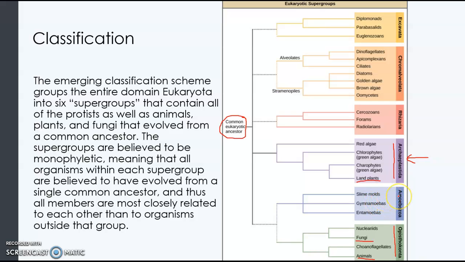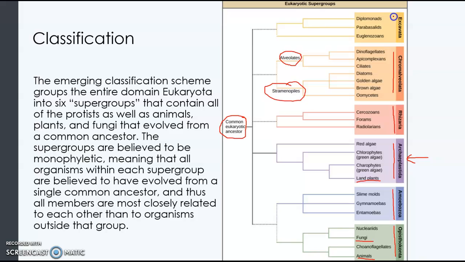So we have the Amoebozoa, which consist of the slime molds, the gymnamoebas, and the entamoebas. We have the Rhizaria, which consist of the cercozoans, the forams, and the radiolarians. We have the Chromalveolata, which is a very large group that's also broken down into 2 subgroups, the alveolates and the stramenopiles.